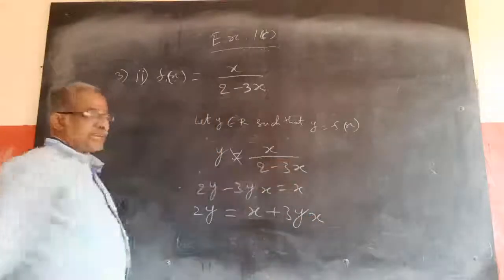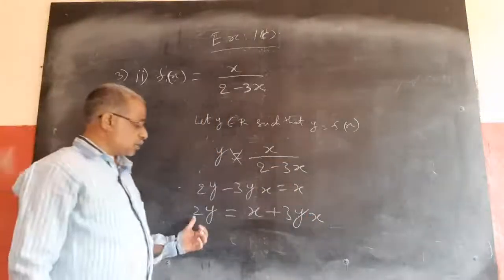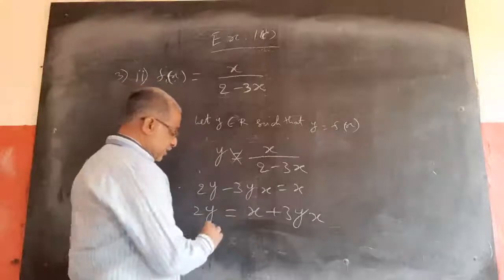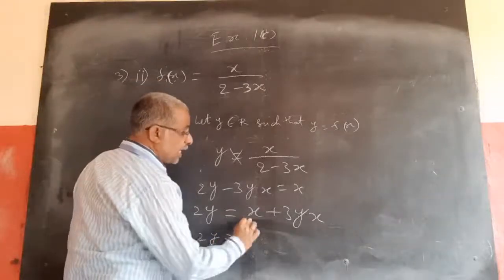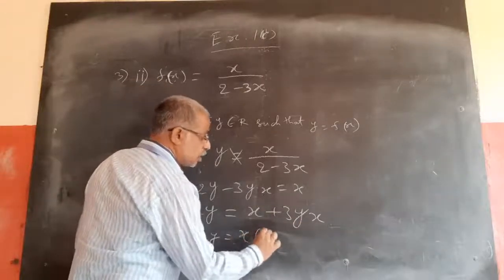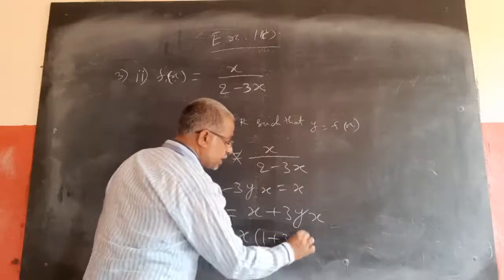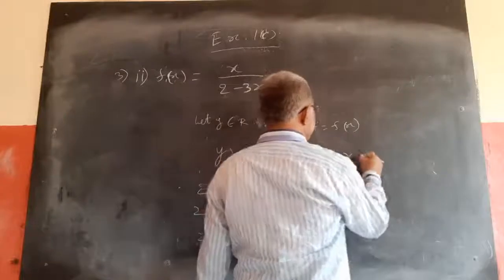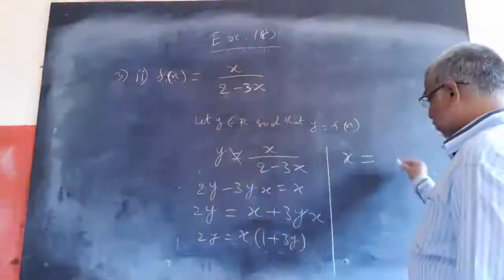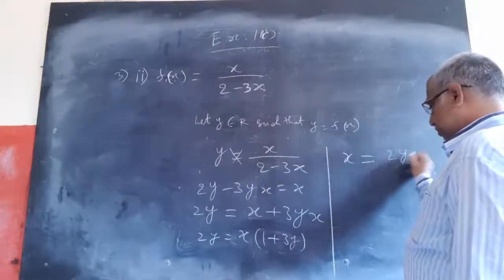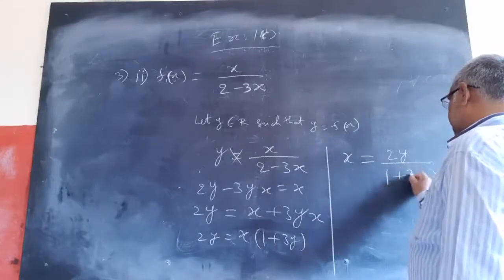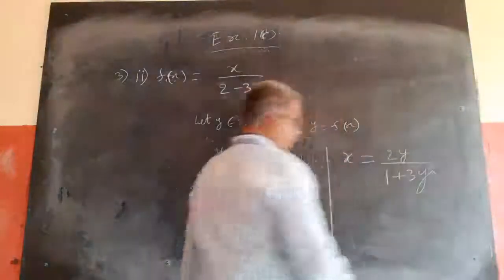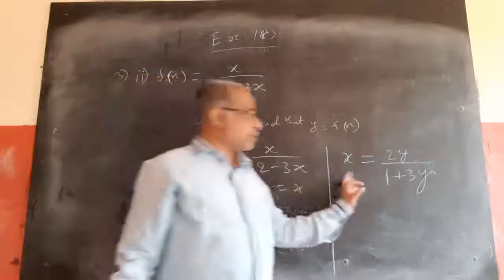I can take x common from these two, so 2y equals x times 1 plus 3y. Bringing it to this side, x is equal to 2y by 1 plus 3y. So I got x in terms of y.